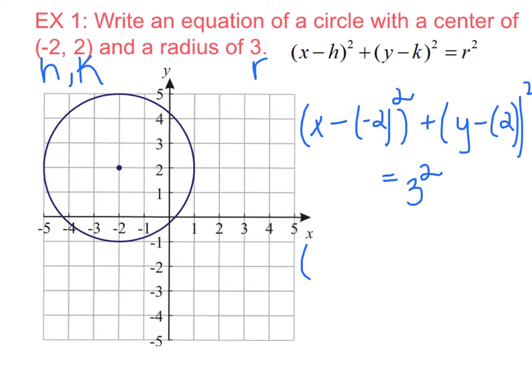When we clean this up, it's going to say x plus 2 squared, because of the two negatives right here, plus y minus 2 squared equal to 9.